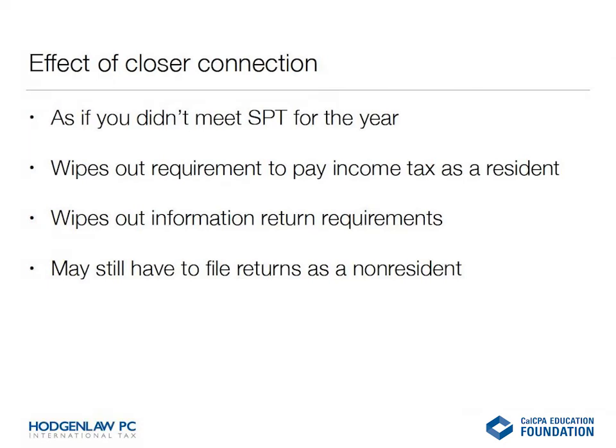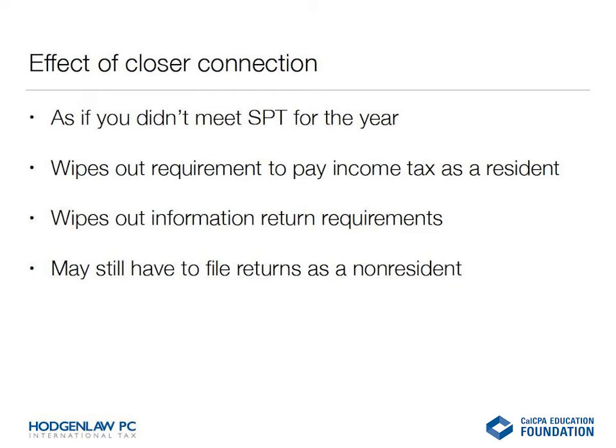And if you can put enough of those criteria together so that it's weighted towards meeting the closer connection exception, then you would actually report that on Form 8840 and submit that with your non-resident return. And the effect of that would be basically as if you never met the substantial presence test for that year.